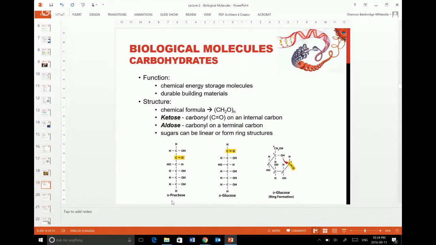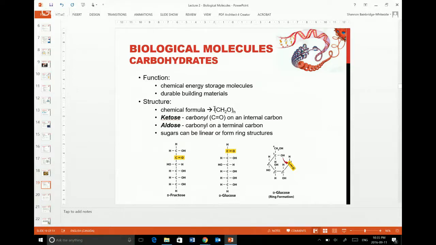Carbohydrates, as I said, are really where we are getting our energy from, and can, in some cases, be durable building materials. Carbohydrates are polymers of sugars. A sugar is a molecule made up of a series of carbons, each with a hydroxyl group and a hydrogen, in a chain.